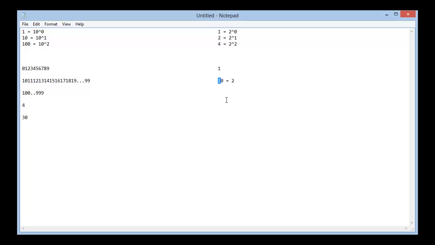And this is our 2's place, and our 2's place has a 1, which means that this is 1 times 2 to the first power, which equals 2, right? 2 to the first power is 2, times 1 equals 2, which means that this is 2. And you basically just add the two numbers. So 0 plus 2 equals 2.